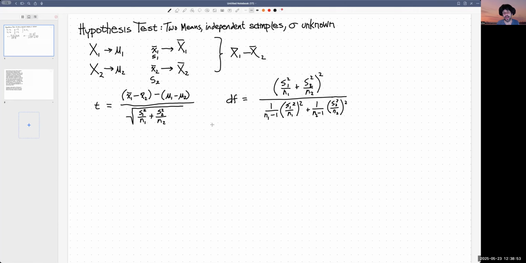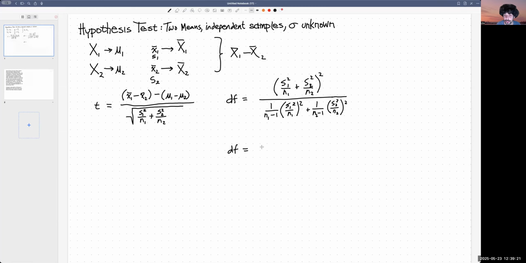It's going to be a smaller degrees of freedom, and if you recall, the greater the degrees of freedom, the more normal our distribution looks and pulls more information towards the center. Having a higher degree of freedom makes it easier to reject the null hypothesis. So sometimes, to be conservative, people will choose this version for the degrees of freedom.